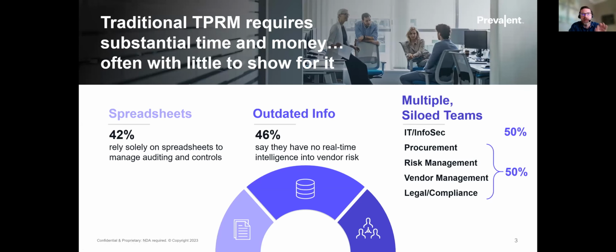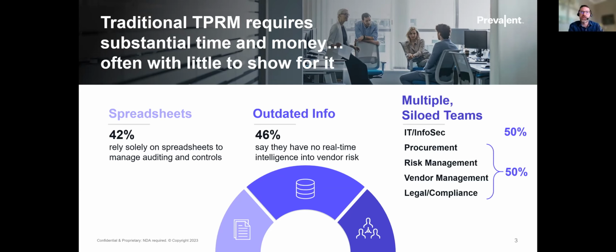But the problem is this: doing third-party risk management a manual way just ends up costing a lot of time and a lot of money, with very few results to show for it. Some evidence of that is we do a survey every year in the industry, and one of the questions we ask is, what percentage of companies out there are still using spreadsheets to perform their vendor risk assessments?